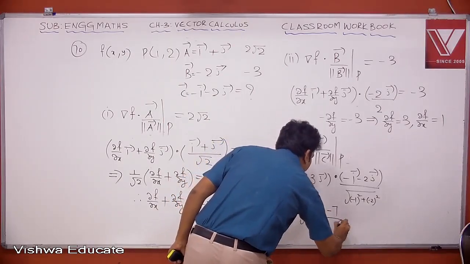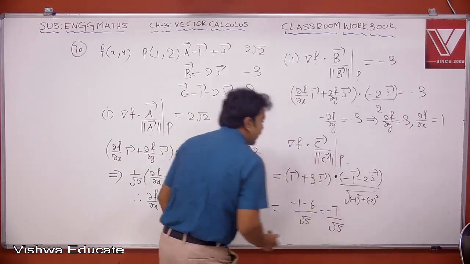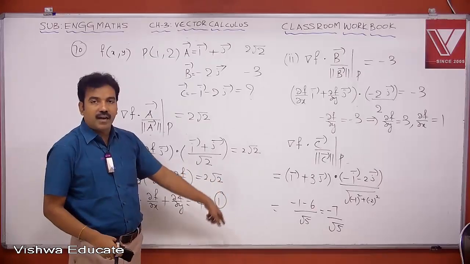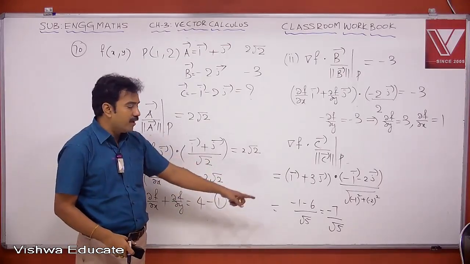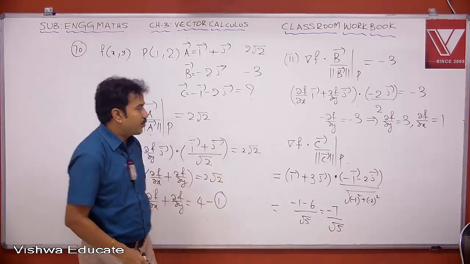So this is minus 7 by square root of 5. This is my final directional derivative, minus 7 divided by square root of 5. Note these points.